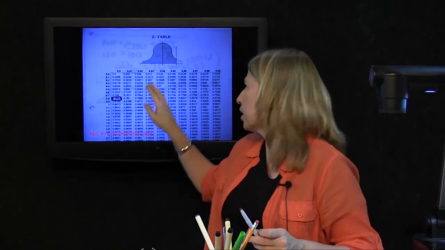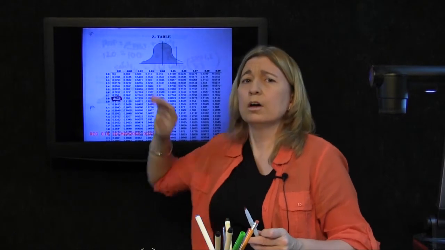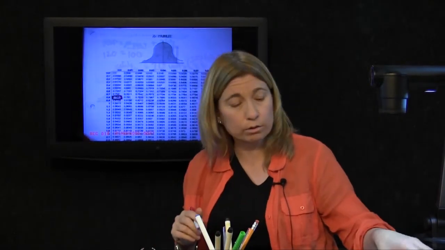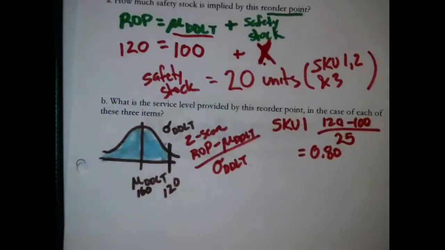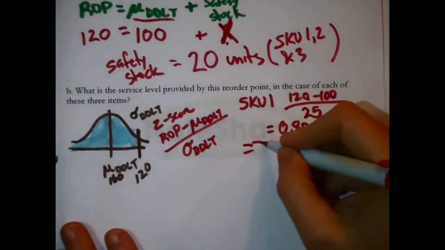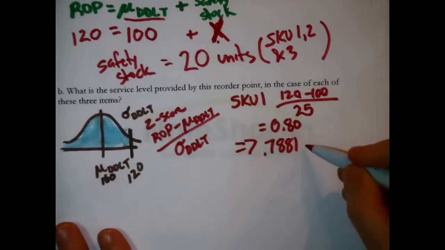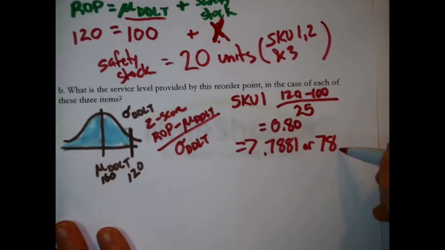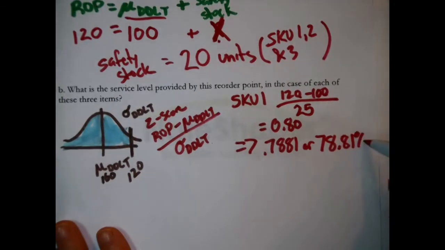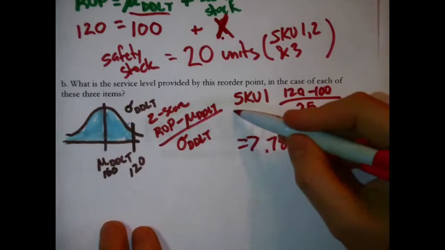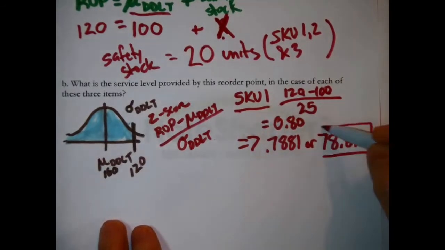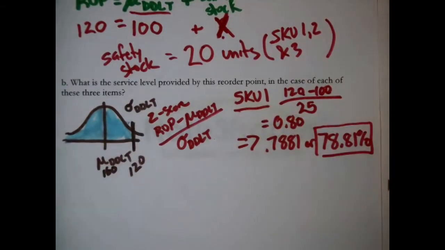Oh, in the case of SKU1, look at the top of the table. 78.81% of the curve is to the left of that cut at 120. That's the service level. So take this, go to the table, and from the table we see 0.7881, which is to say, because we like to speak in percents, that the service level for SKU1 is 78.81, 79 really percent.